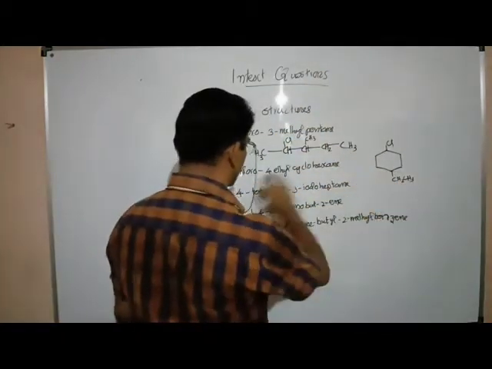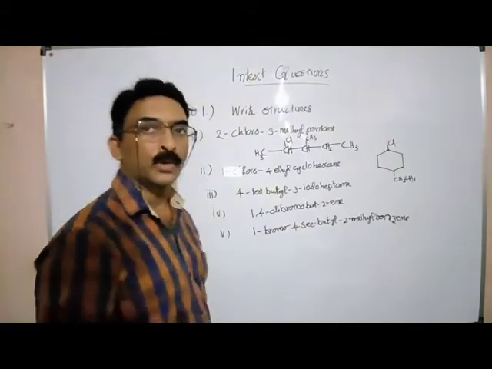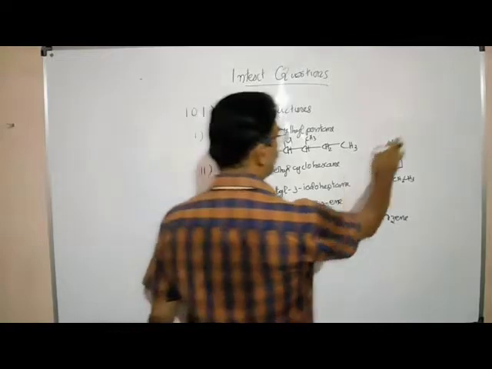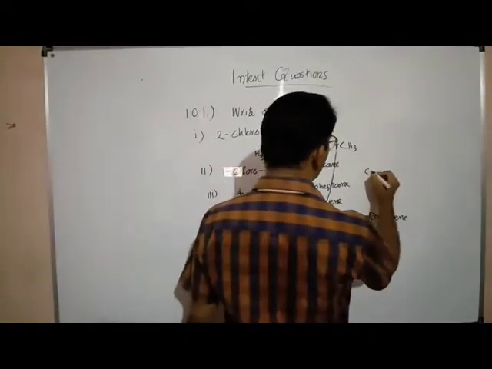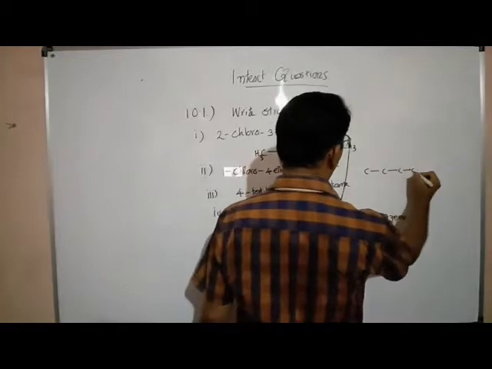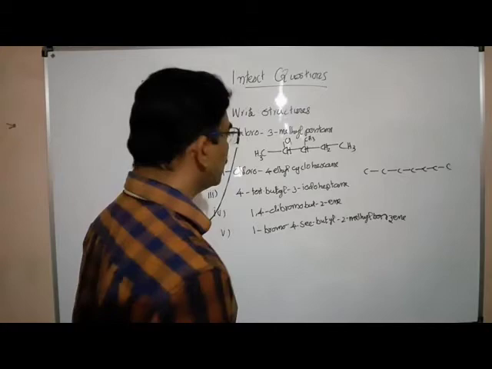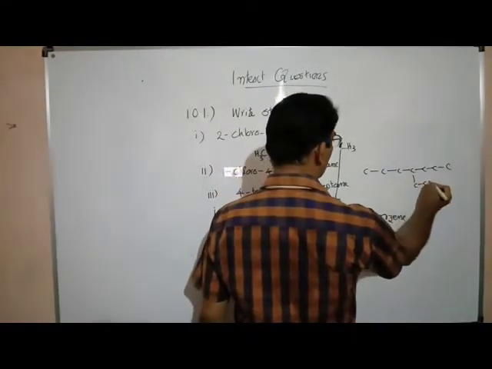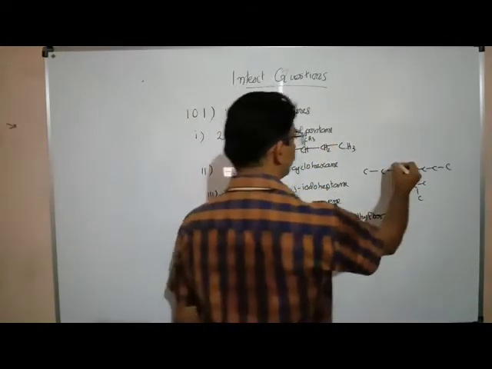The name is correct. Now for tertiary butyl 3-iodoheptane. So you have 7 carbons in the parent chain. 1, 2, 3, 4, 5, 6, 7. Then for tertiary butyl, 1, 2, 3, 4, you have a tertiary butyl group. Then 3-iodo.